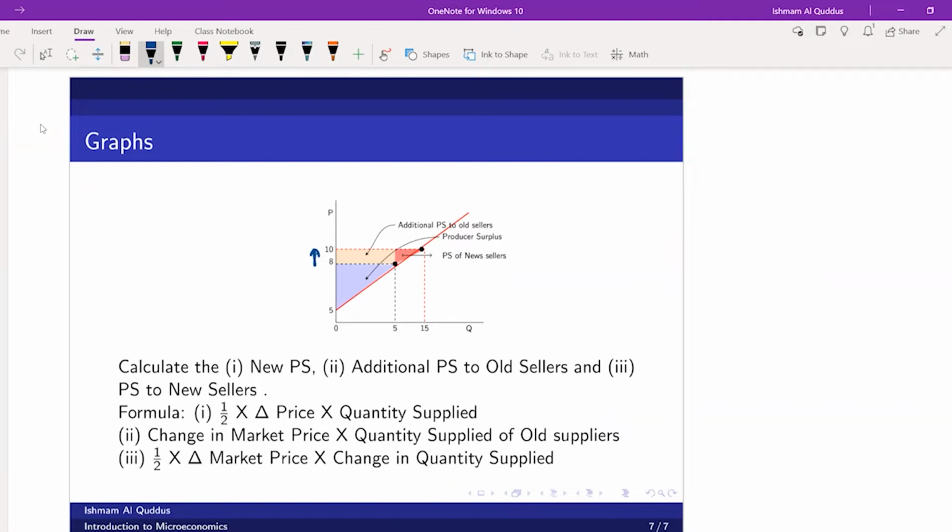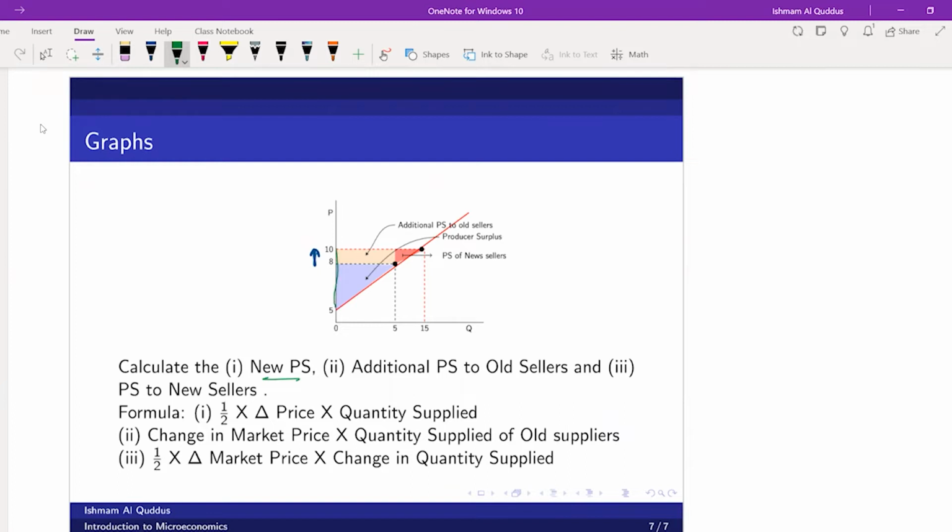So now you can expect more suppliers to enter the market because the price level is higher. So now it's at 10 taka. So probably there will be a few suppliers who would enter the market and participate to sell their goods as well. So here, what would be the new producer surplus?